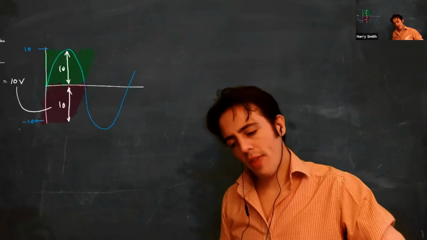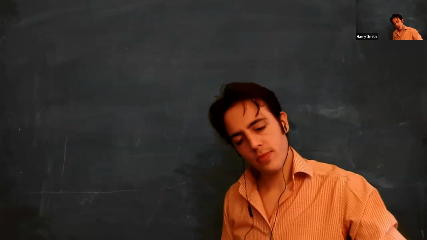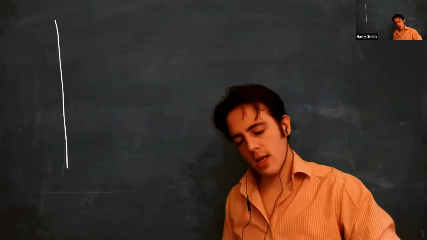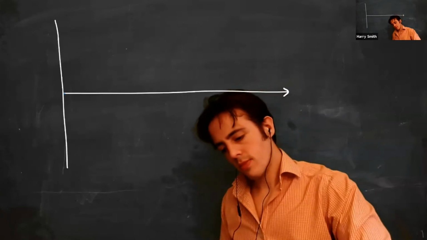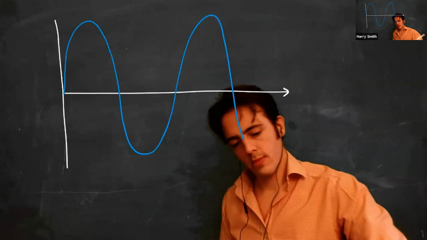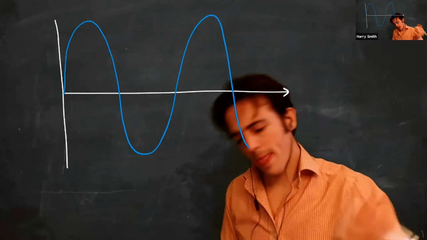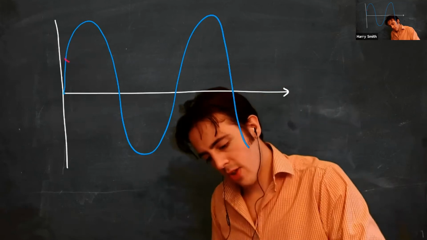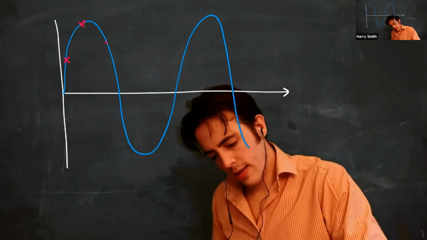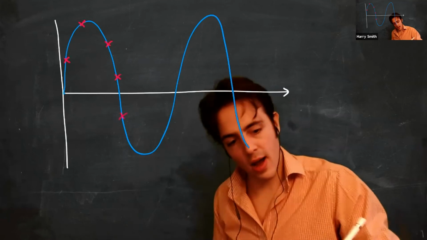Now, what this actually means for us is that when we have our signal, this is my original continuous signal, we've said that our sample rate tells us how far apart these samples are in time.